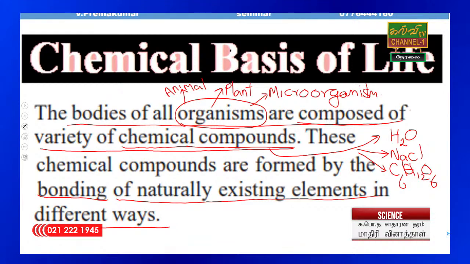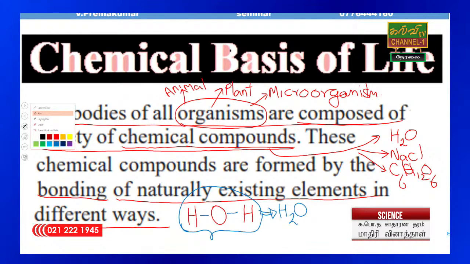What is bonding? For example, a hydrogen atom, an oxygen atom, and another hydrogen atom can combine to produce an H2O molecule. For this molecule to be produced, a chemical bond must form.